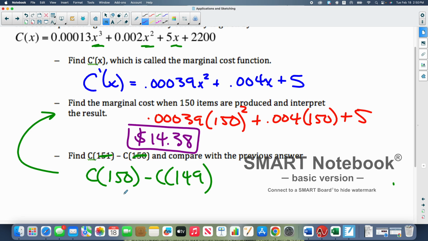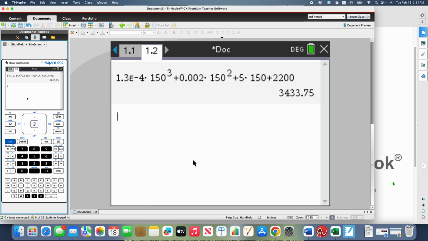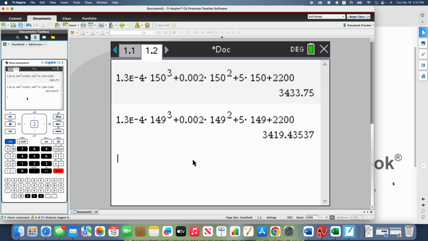So it would have cost me $3,433.75 minus, I'm going to do the same thing again, but I'm going to highlight and copy and paste basically what I'm doing. I'm going to change the 150s to 149s. Okay.